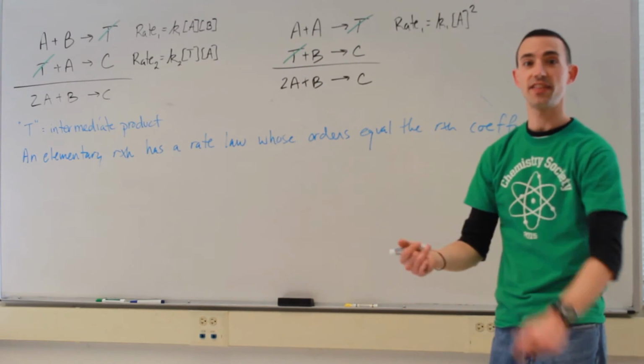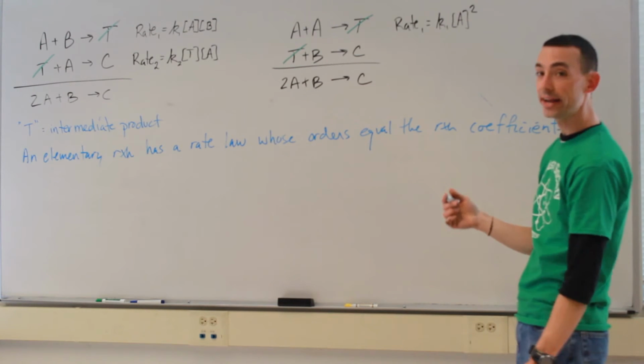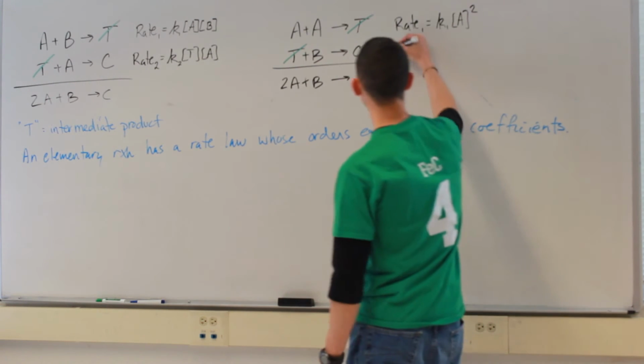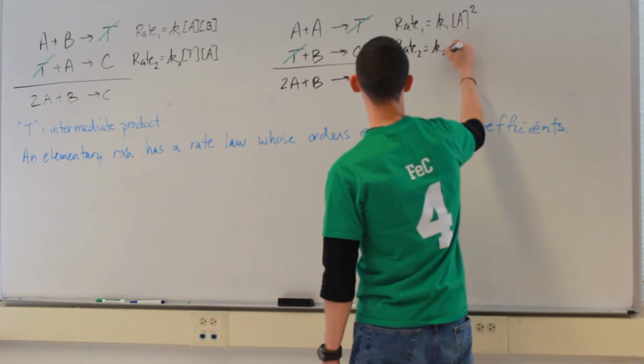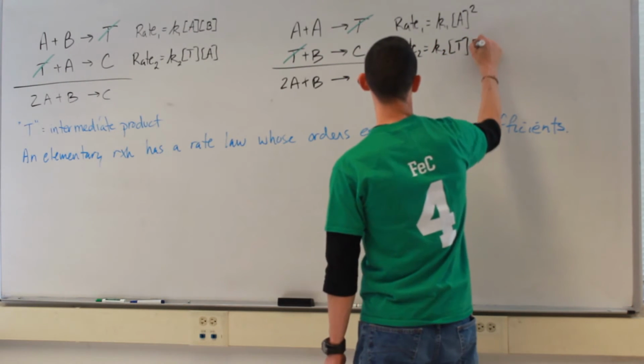So the success of that reaction, and the rate, depends on how many A's you have. The second step would be rate 2 equals K2 times T times B.